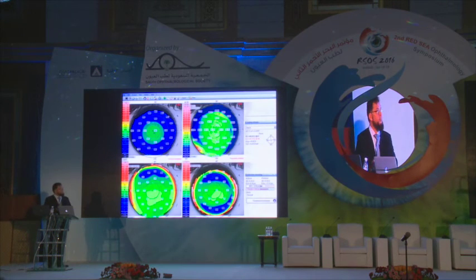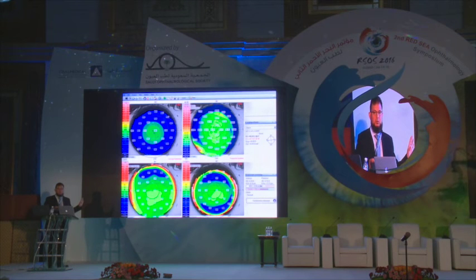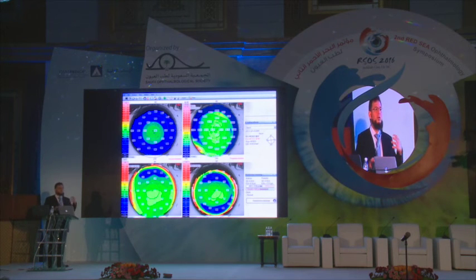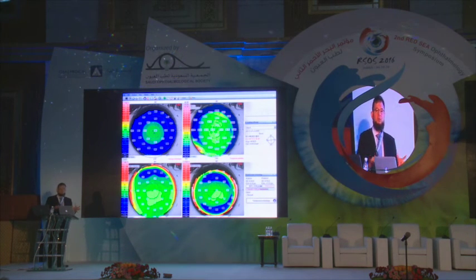On Cyrus, everything that I have said about curvature map, pachymetry map, everything can be applied on Cyrus, except the elevation maps. The way this machine gives you elevation maps does not correspond to the best fit toric ellipsoid and not to the best fit sphere. It has its own way. So to apply those points of Pentacam on this, we have to follow these steps.